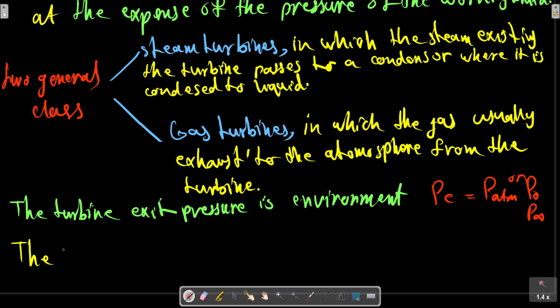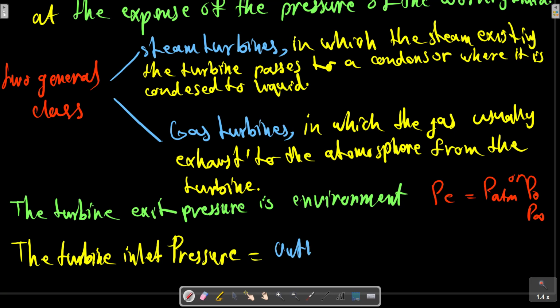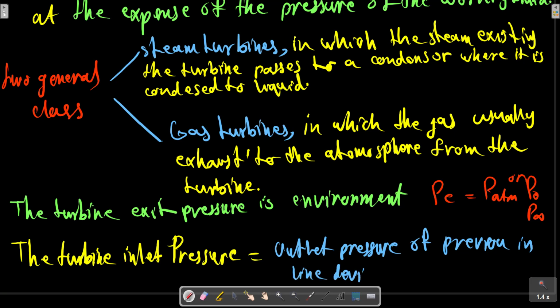The turbine inlet pressure equals the outlet pressure of the previous in-line device, such as a pump or compressor.